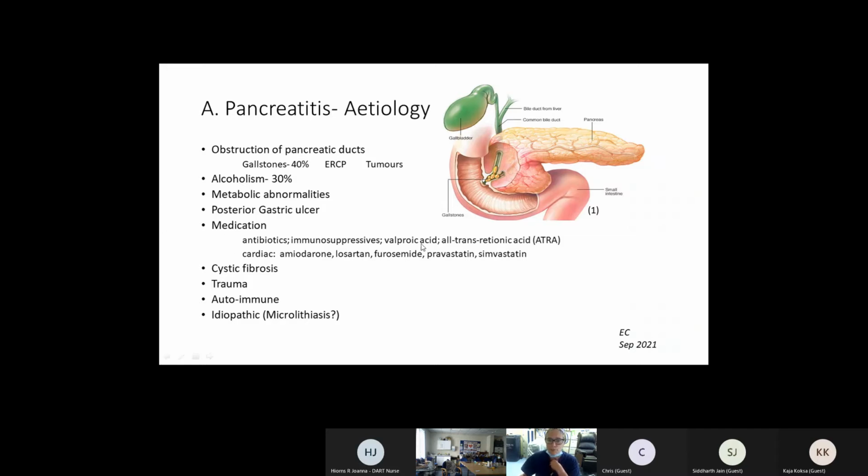Medication, there's a whole lot of medication that can cause pancreatitis. Cystic fibrosis, as you know, these patients have much thicker secretions that can somehow put some pressure on the pancreatic ducts. Trauma, although not very frequent, if there's a blunt trauma to the abdomen that is severe enough, the pancreas can get damaged. And then there are autoimmune causes and even idiopathic causes that are probably some of the others that we cannot identify.